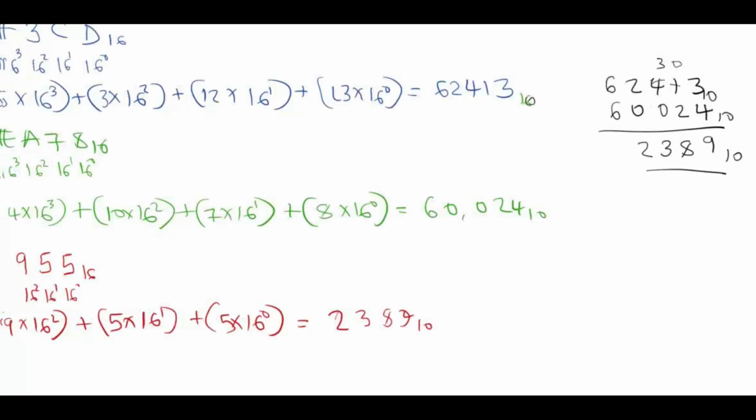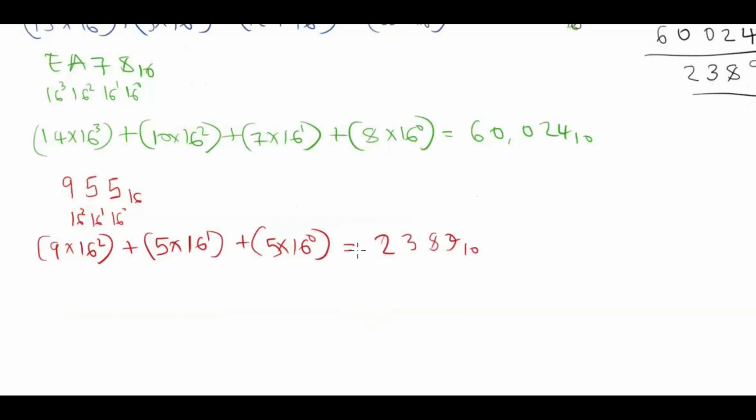So let's do another example. You are given DF2A minus AFDB, and you are told to subtract these two hexadecimal numbers.